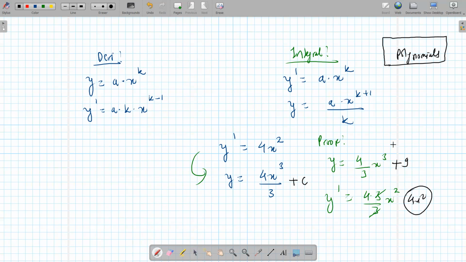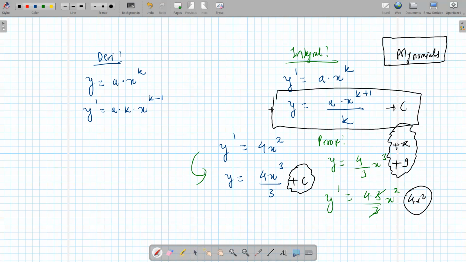If I had a 4x cubed plus a pi, it'll still be 4x squared. So this constant here can be anything, okay? So we denote that with a plus c. So you add a plus c at the end because there could be a constant attached to this. But this is the formula. Add 1 to the exponent, and whatever the old exponent was, divide that. Cool?